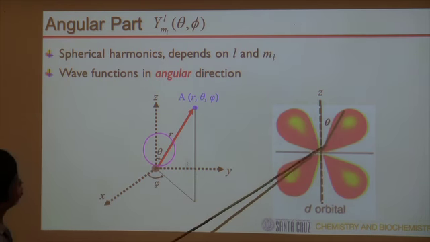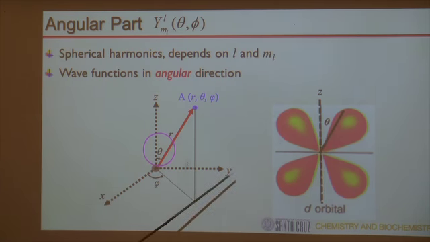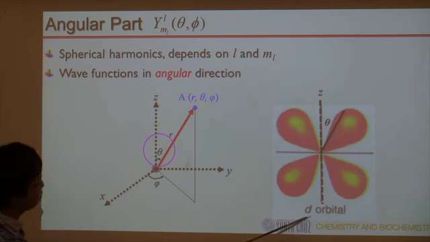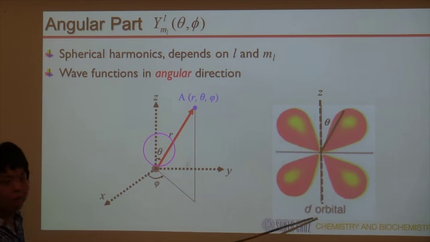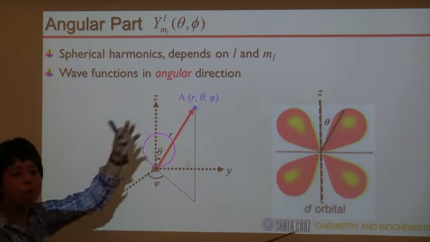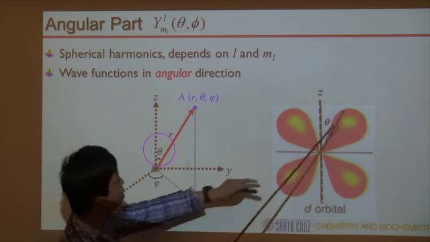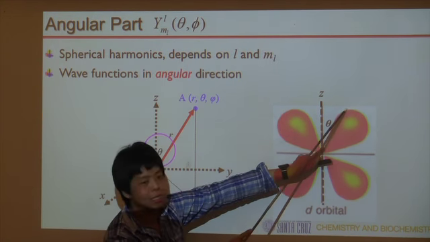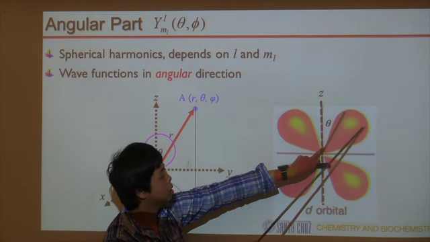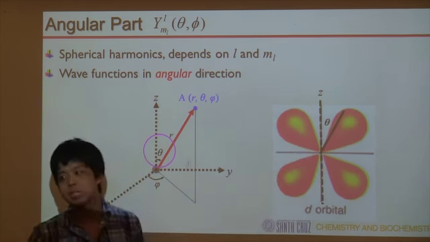So for this picture, how can we draw it? Easy. We choose one theta value and plug it into the wave function of the d orbital. We have the angular form of the spherical harmonics for this d orbital. We plug in and get a value, and we set the length of this line to the value of Y for each theta. For each one, we can do it, and it gives us this picture.